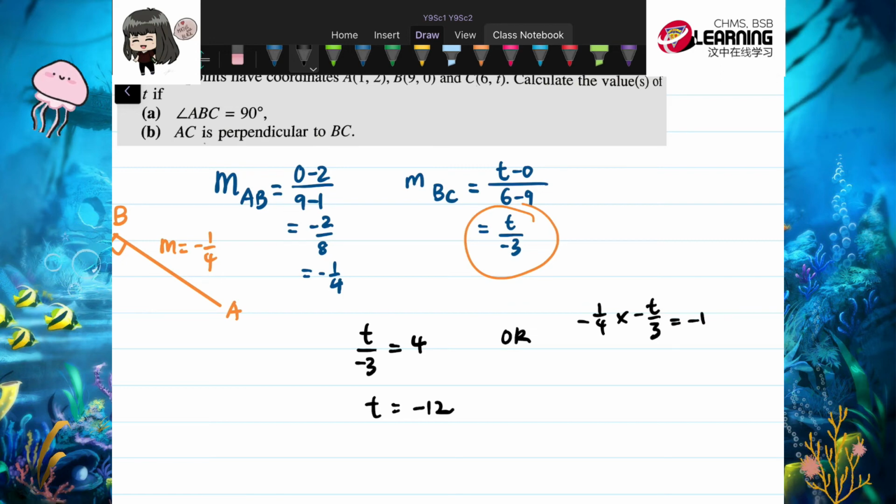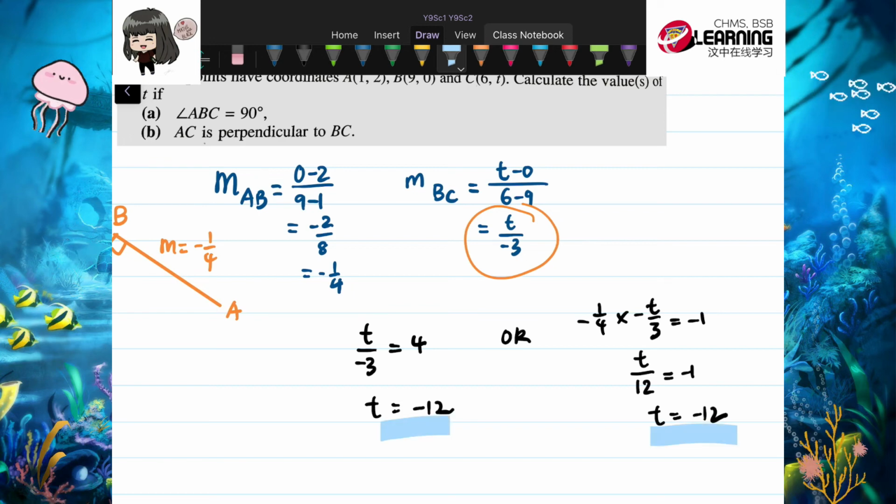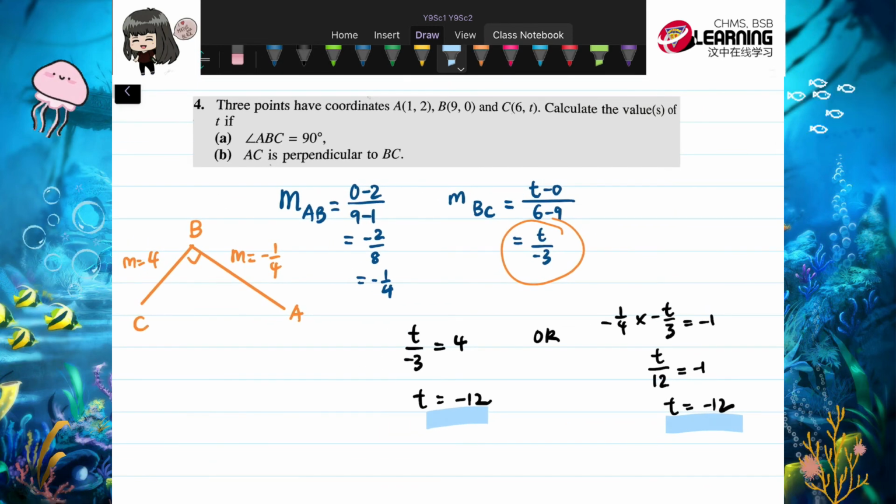I use M1 times M2 equals negative 1. Negative negative becomes positive, 1 times t and 4 times 3 is 12. So t is also negative 12. Either way will do. You choose the way that you understand.